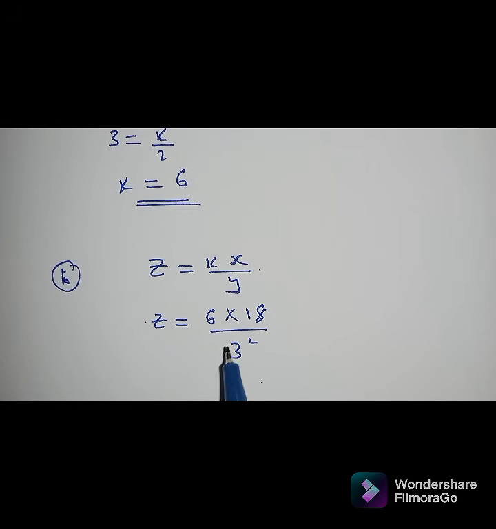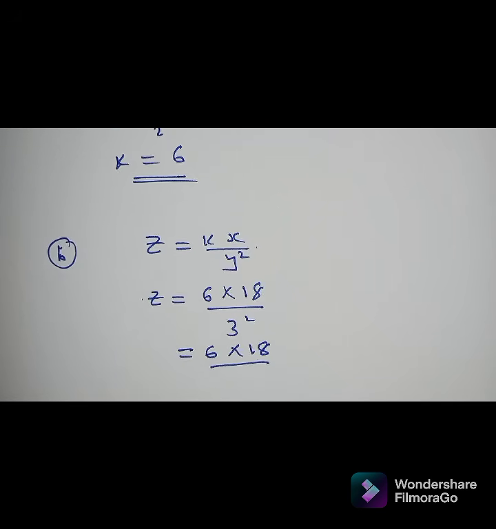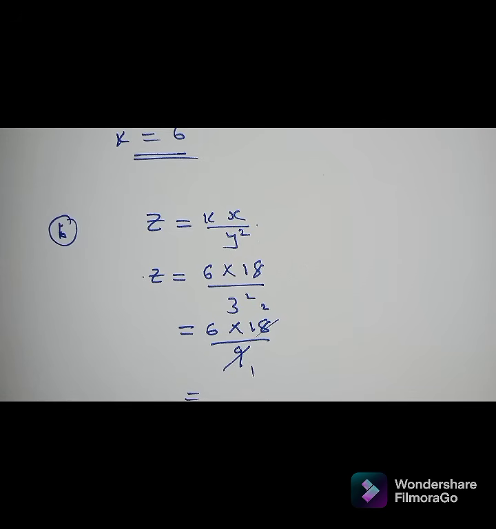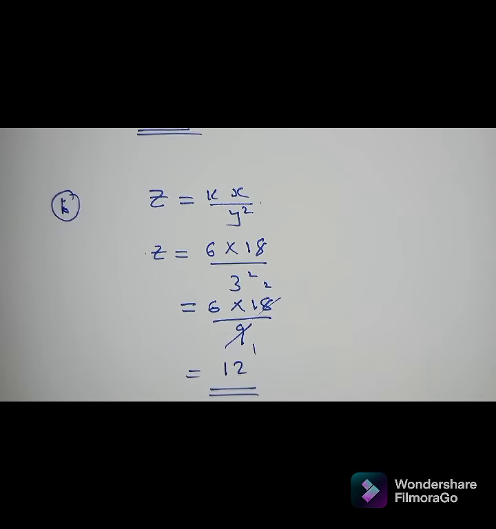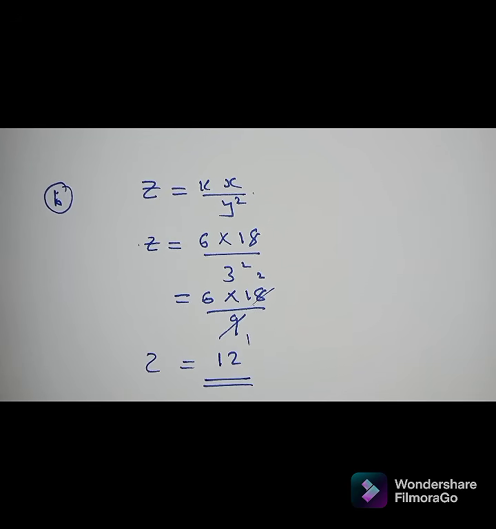There is a power 2 in the formula here, so 3 power 2 is 9. We have 18 and down here 9. So 9 into 9 is 1, 1 into 18 is 2. So 6 multiplied by 2 is 12. So the value of z is 12.